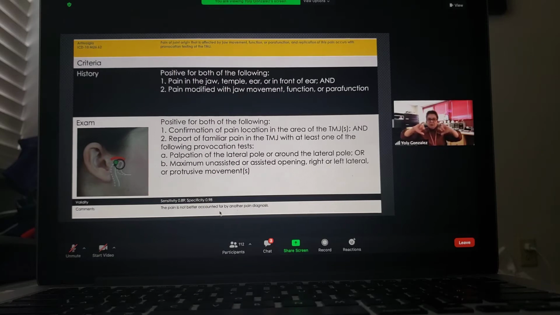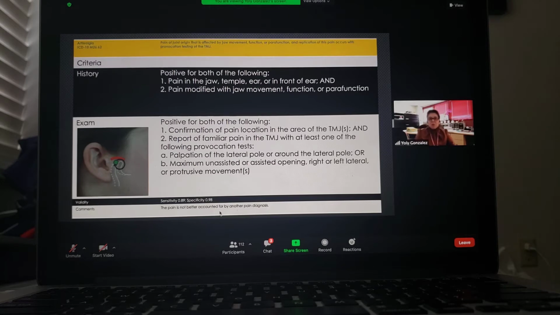Putting our fingers inside the ear to try to get to the posterior aspect of the joint. At that time, the sensitivity and specificity values only including the lateral pole were lower.